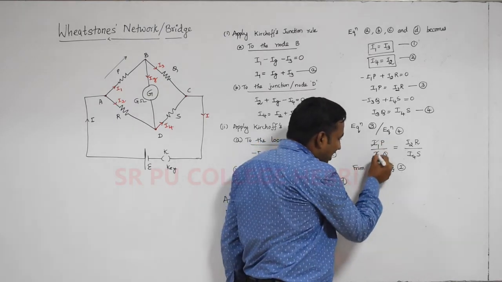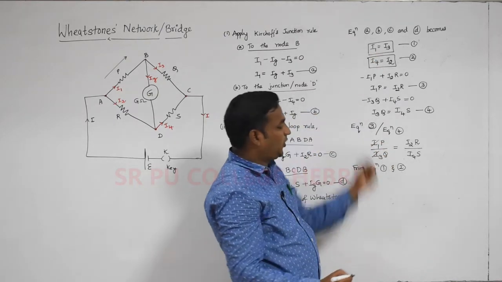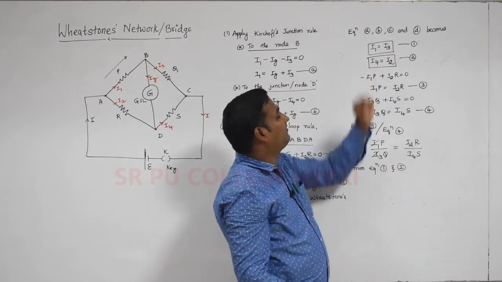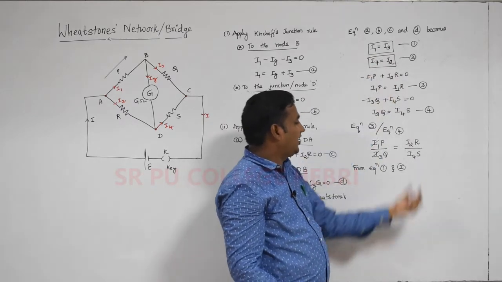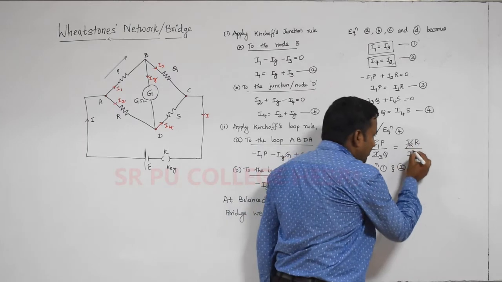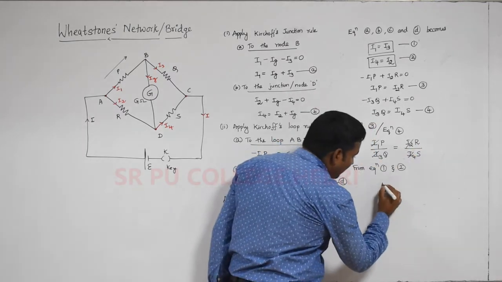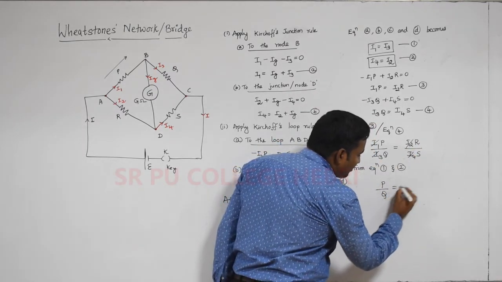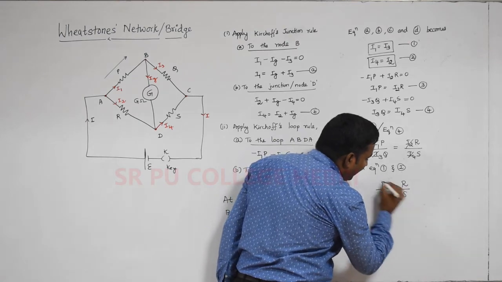Automatically these two get cancelled. Not only that, from equation 2, I4 and I2 are equal. These two get cancelled. Then we get the condition P divided by Q is equal to R divided by S.